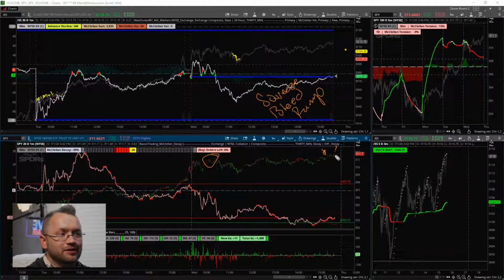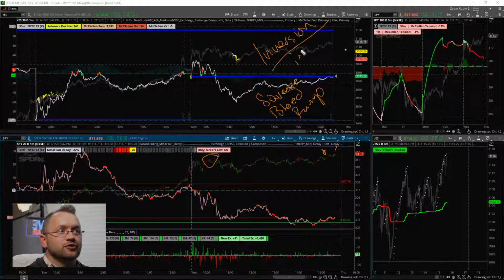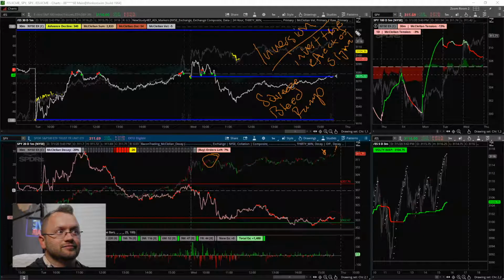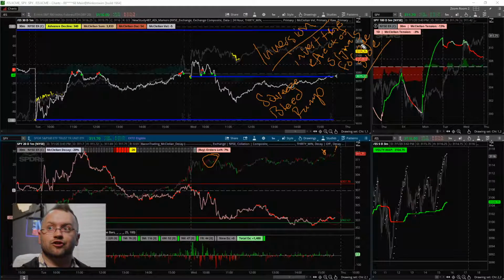Essentially what's going to happen here, and I call it an inversion. Why I call it that is because I want to invert the effect of signals for one side.